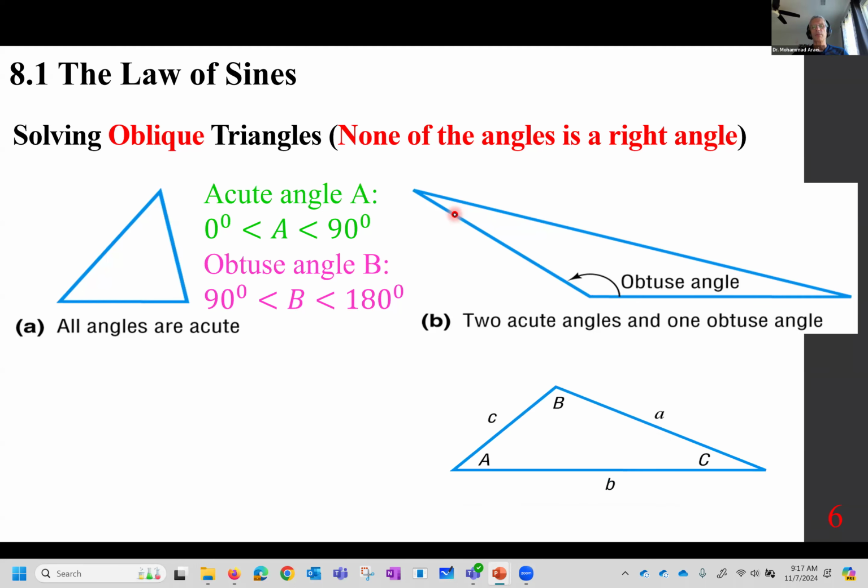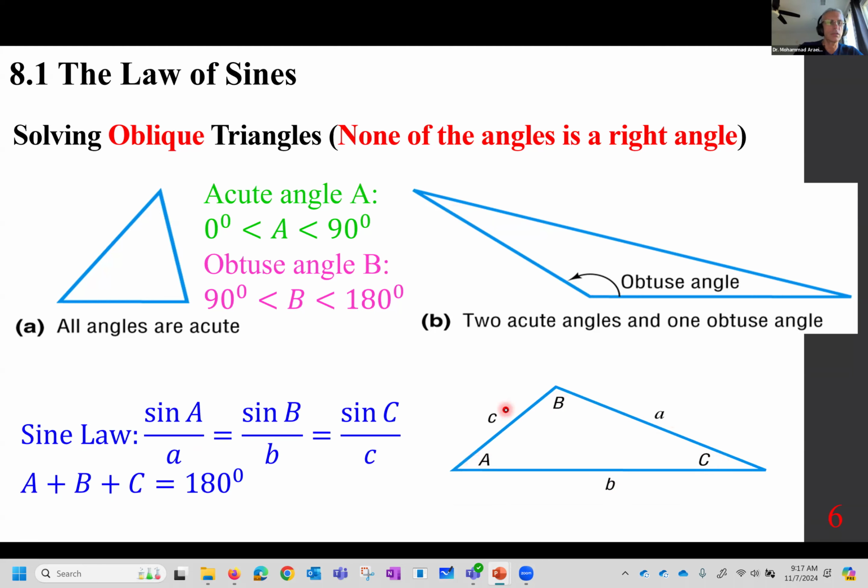The sine law applies, and again, remember, here's vertex A, opposite that is side a. Here's vertex B, opposite side is b. Here's vertex C, opposite side is lowercase c. The sine law says sine A over a equals sine B over b equals sine C over c.